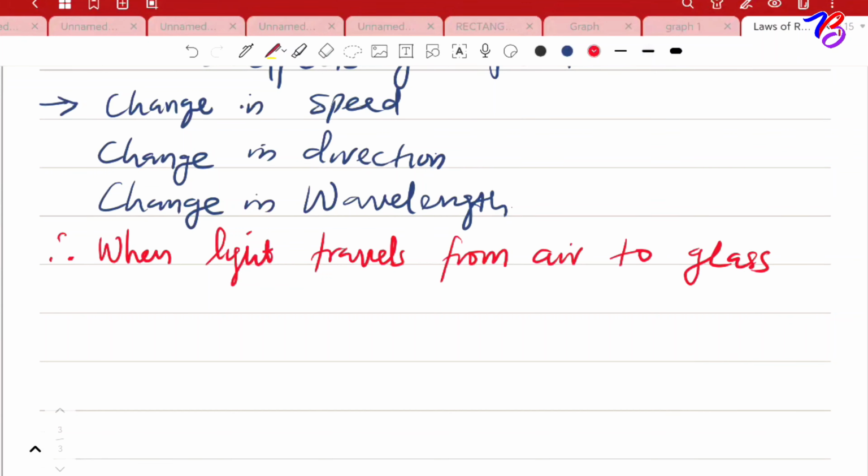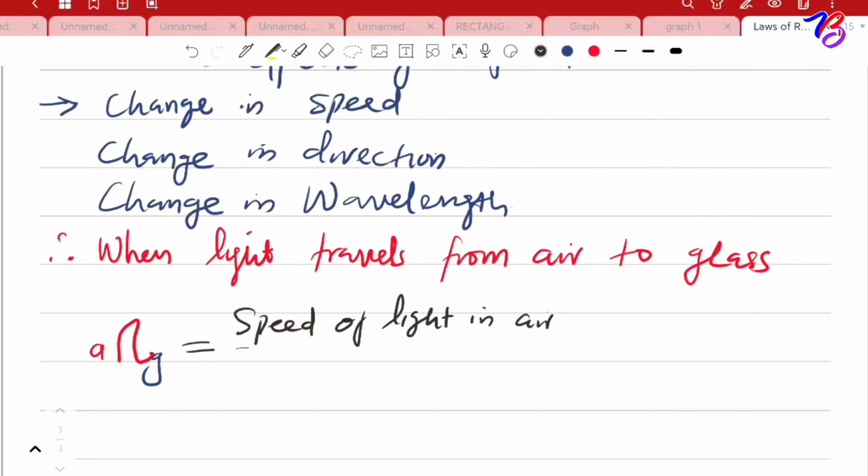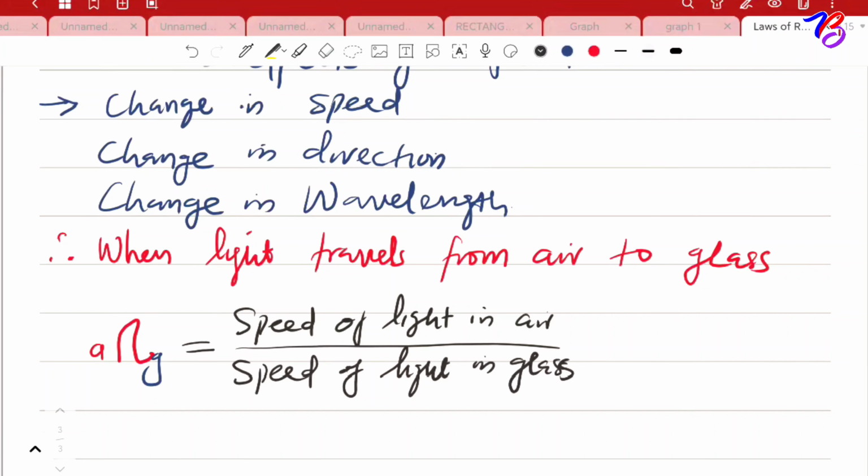Okay, if we are considering the speed of light, then the refractive index A to G will be the velocity or the speed of light in air, divided by the speed of light in glass, which is equal to v of A all over v of G. Are you following? So this is another formula for refractive index.